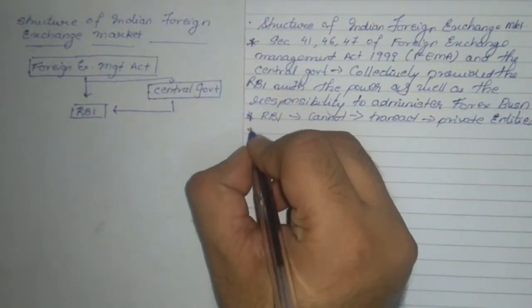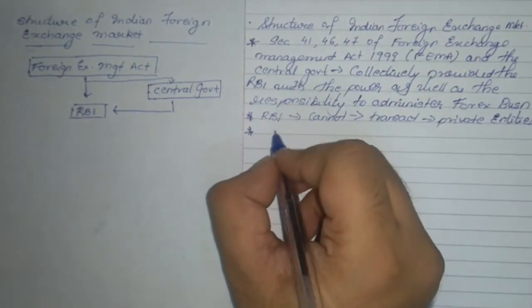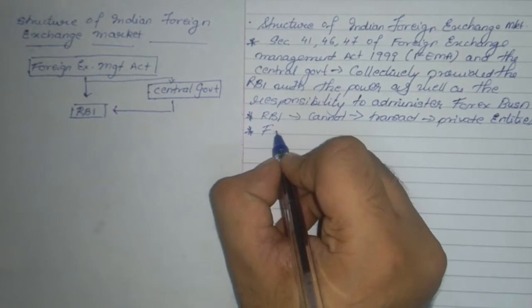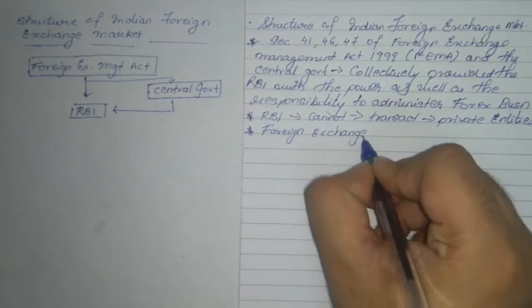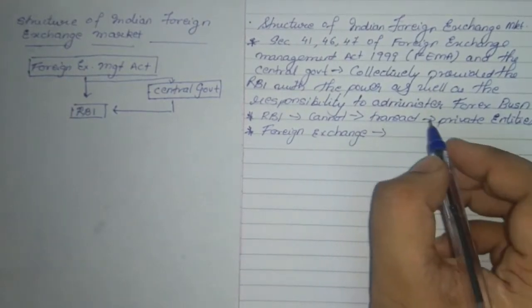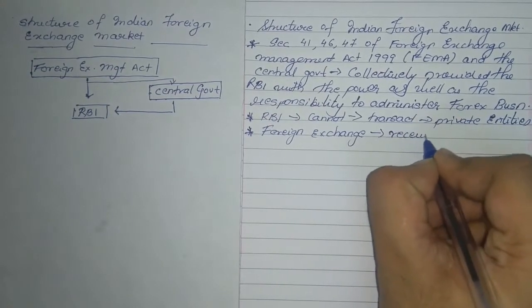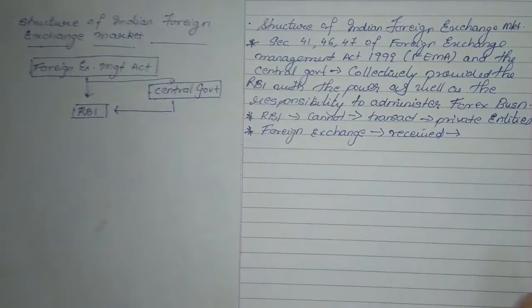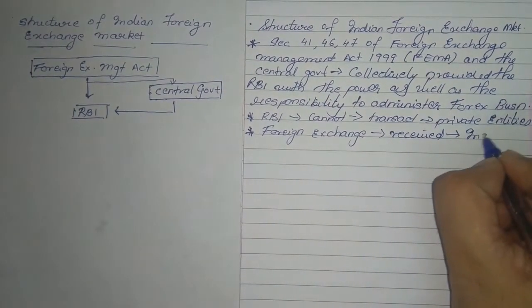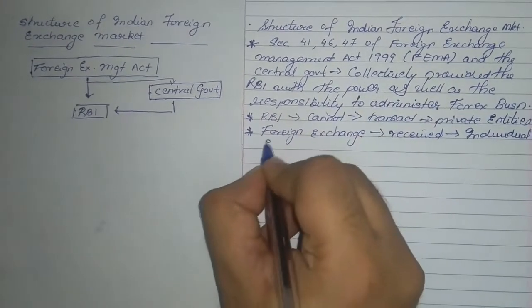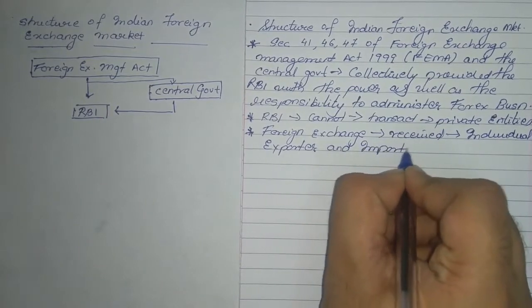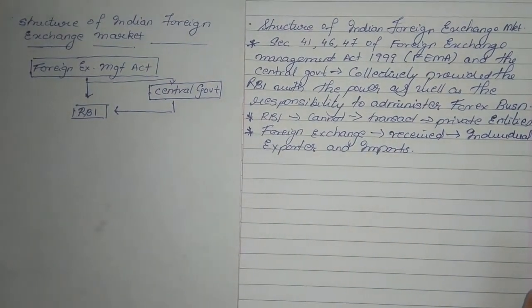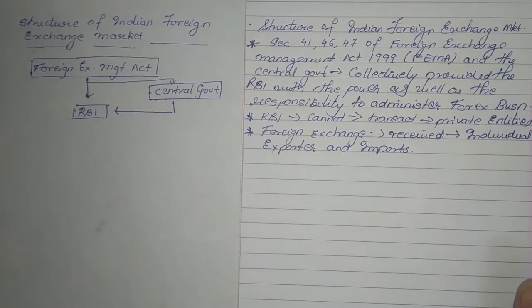Now, India is a huge country. So the foreign exchange in India is received or required by a large number of individuals, the exporters and the importers in the country, but they are spread over a huge geographical area.